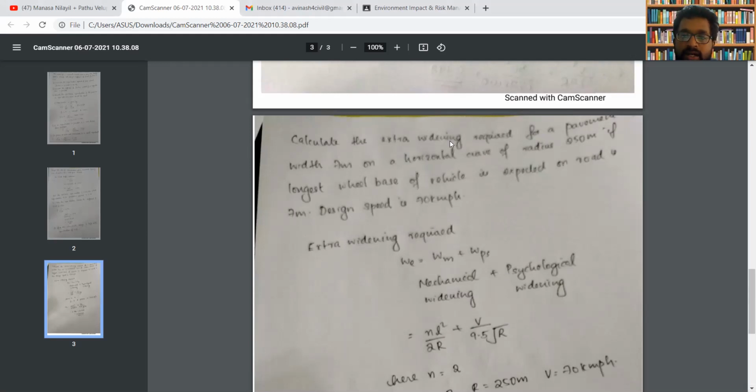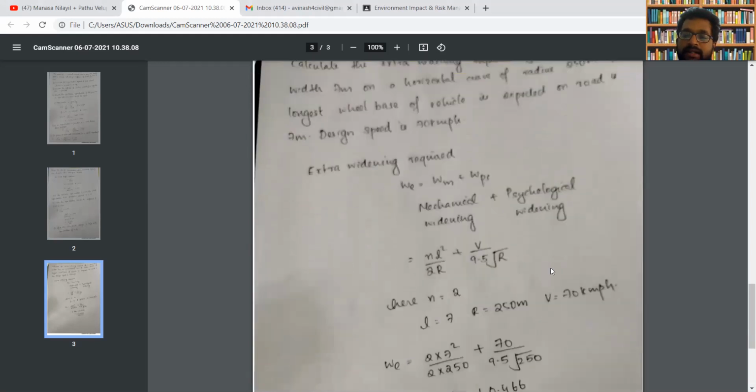So the given data include: pavement width is equal to 7 meters, radius of the horizontal curve is 250 meters, longest wheelbase expected on the road is 7 meters, and the design speed is 70 kilometers per hour. So extra widening required is equal to mechanical widening plus psychological widening.